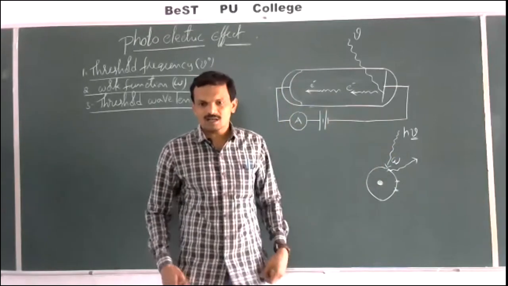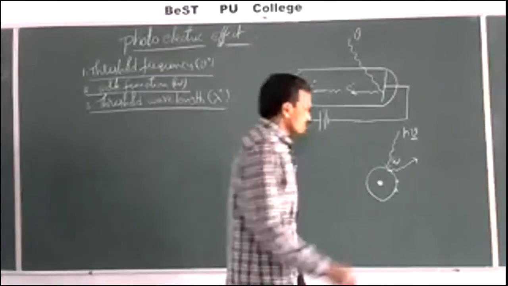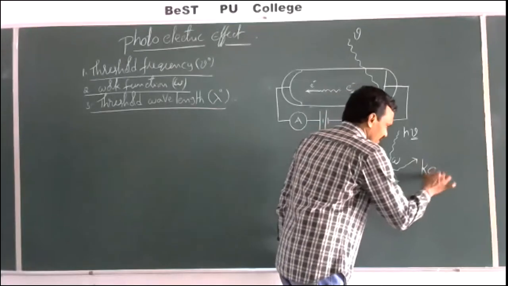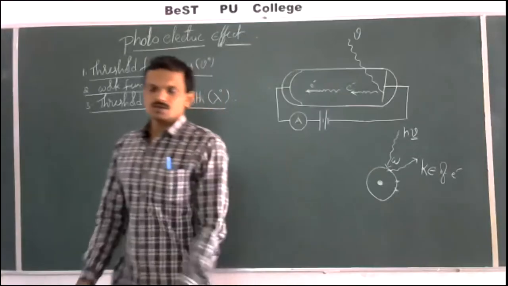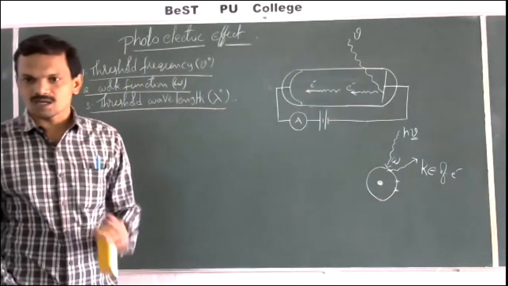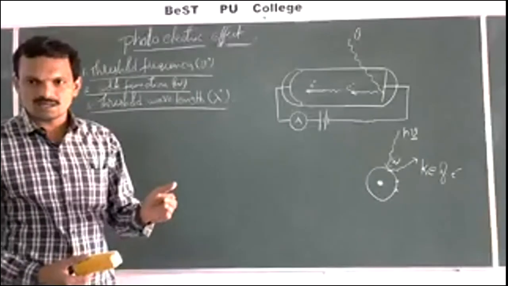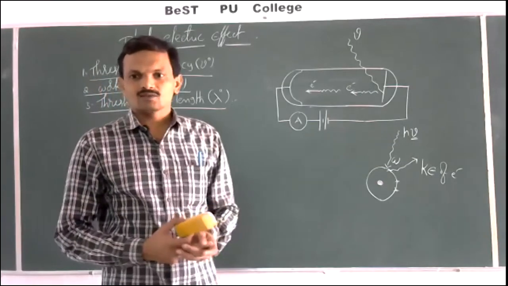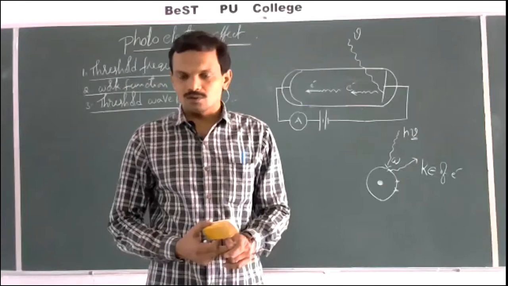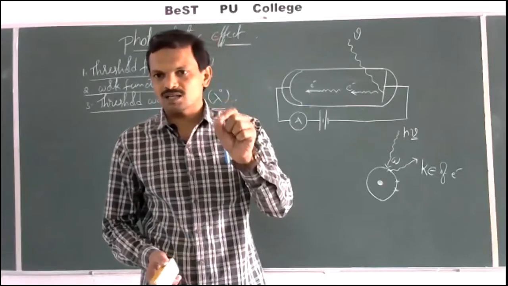The remaining energy is equal to the kinetic energy of the electron. So in the total energy of the photon, some energy is utilized for the ejection of the electron, and the remaining energy is converted to the kinetic energy of the electron.